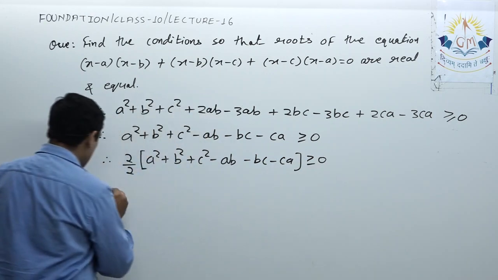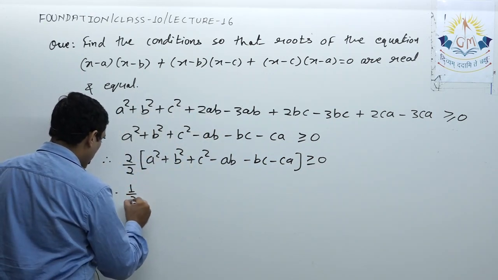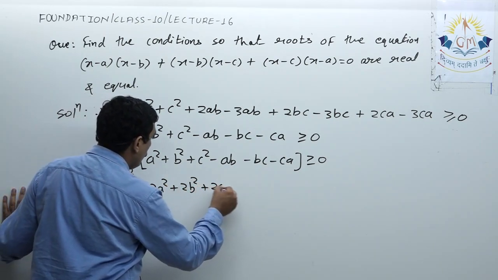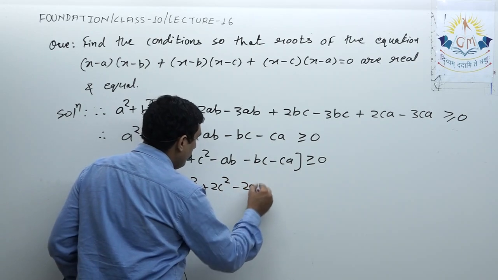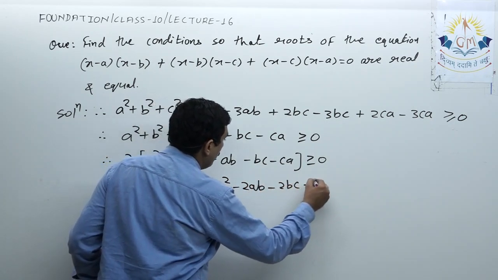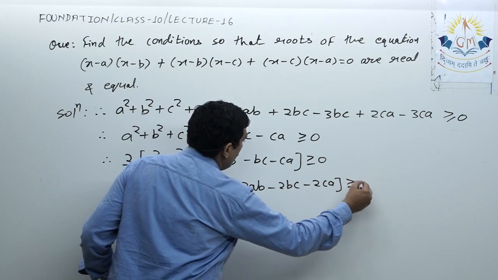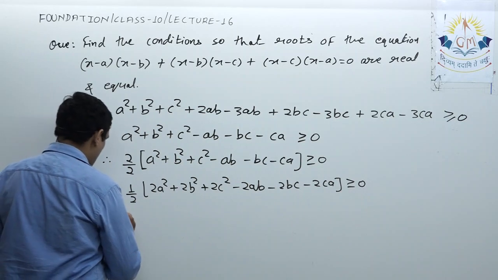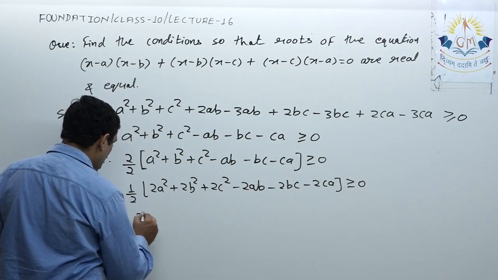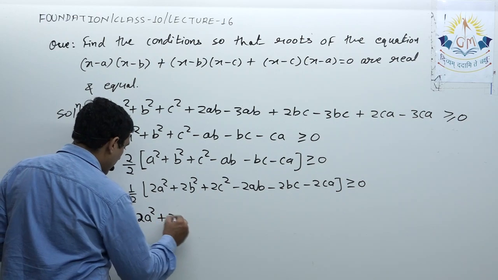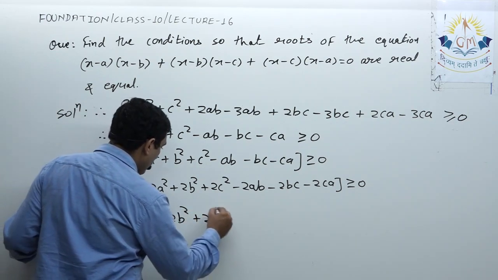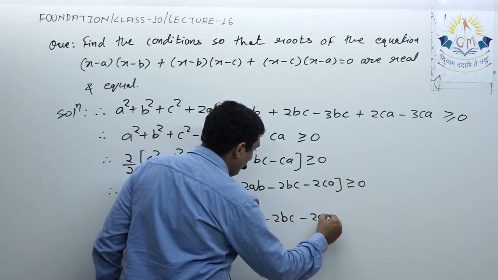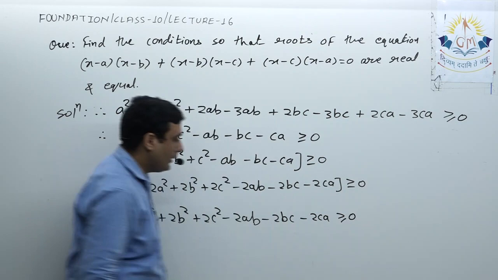This gives me 1 upon 2, 2a square plus 2b square plus 2c square minus 2ab minus 2bc minus 2ca. Now this 2 will come on that side, so this becomes 2a square plus 2b square plus 2c square minus 2ab minus 2bc minus 2ca is greater than or equal to 0.